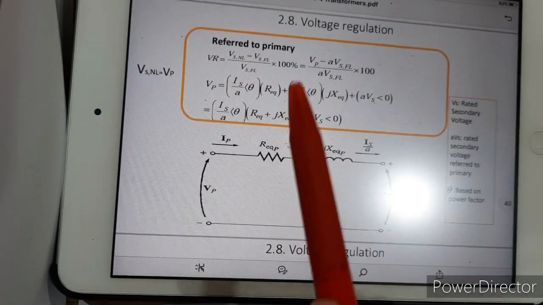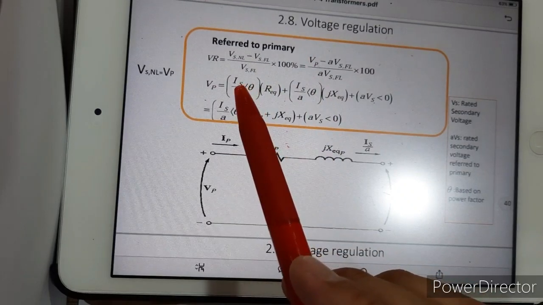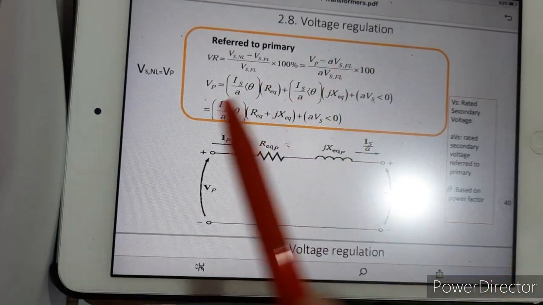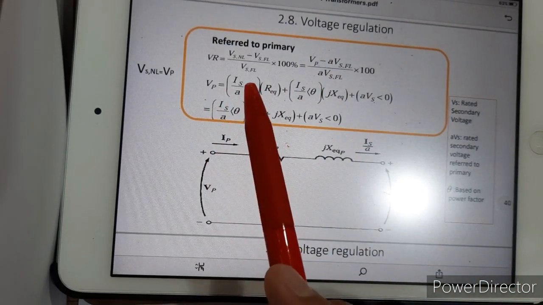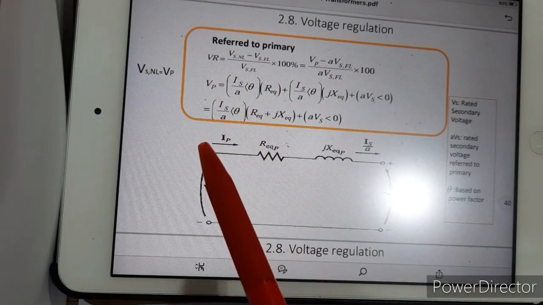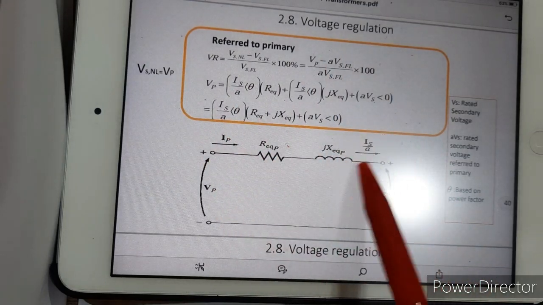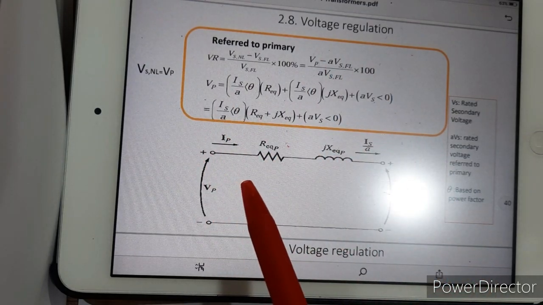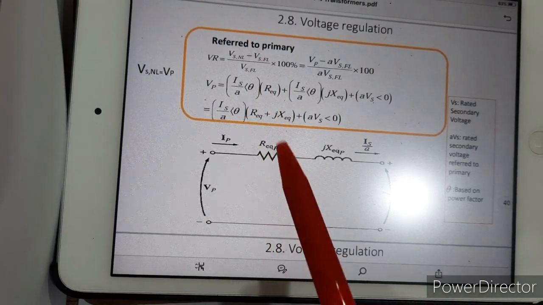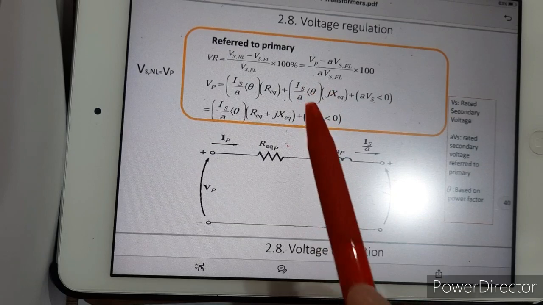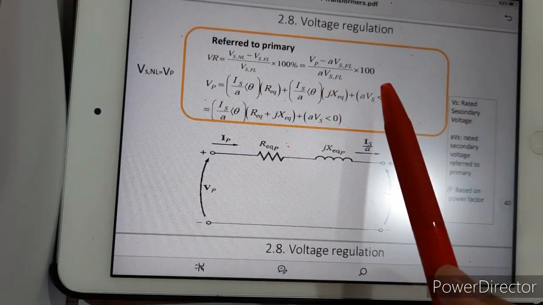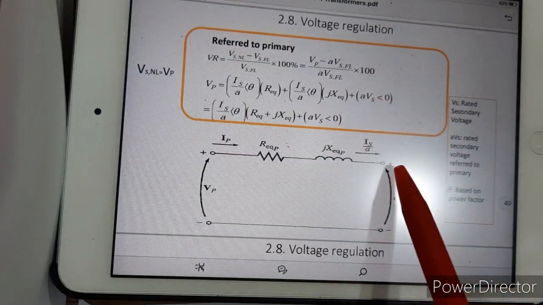So actually the calculation involved is how we determine Vp. So Vp is Is over a, which is the secondary current that we bring to the primary side. Remember, this is referred to the primary. Multiplied by R equivalent, plus Is over a, the same current that flows through jX equivalent, and then plus aVs.